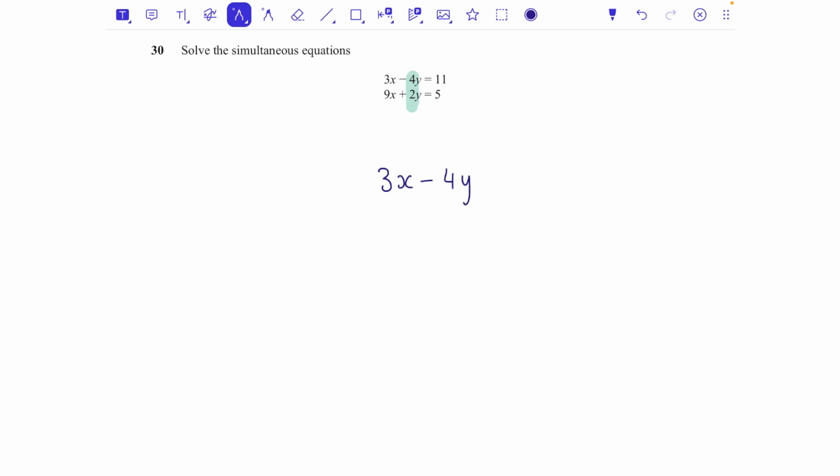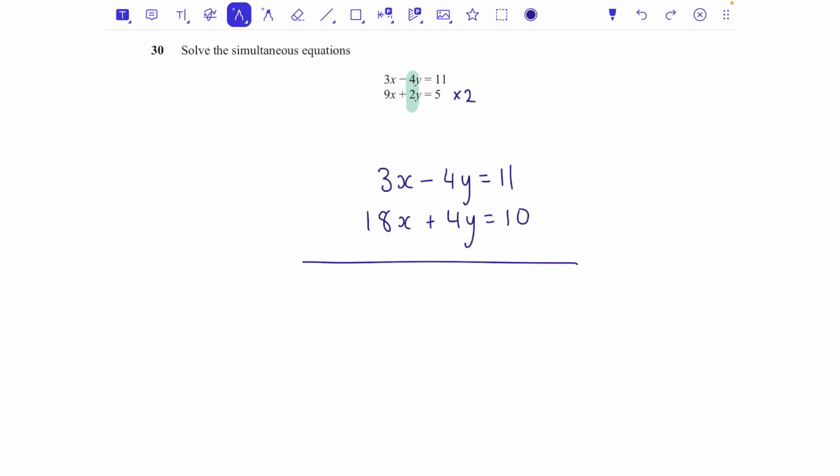3x minus 4y is 11. But with the bottom equation, because I want to make this number 4, I'm going to times everything on the bottom by 2. 18x add 4y equals 10. Now I'm going to turn this into a big sum, and the aim of the game is to cancel out these terms. So if they were both positive, I would subtract and that would cancel them out.